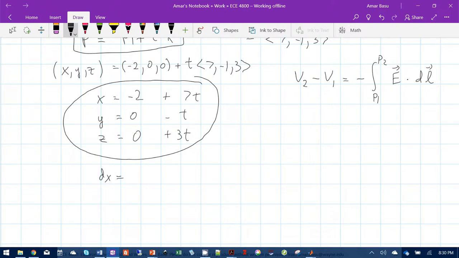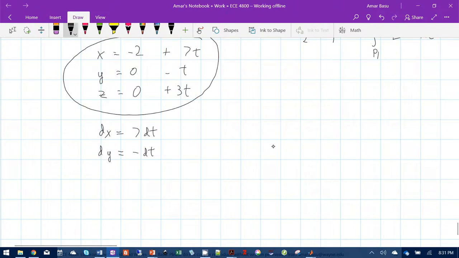You're missing one little thing. 7 dt. Yes. So dx is equal to 7 dt. dy equals minus dt. dz equals 3 dt.